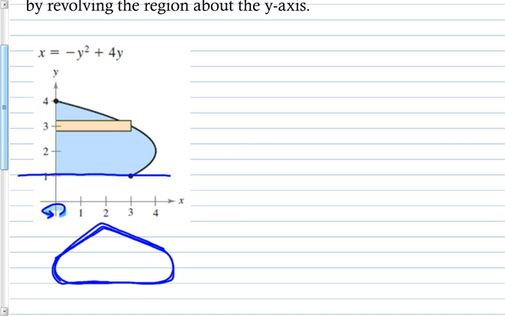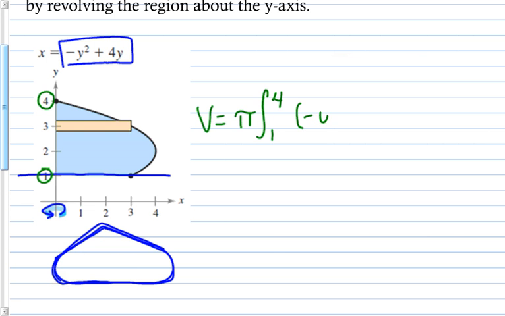Okay, so in order to evaluate the integral, I need my equation to be x equals something, and it is. Yay, we like that. The formula for volume is pi times the integral, and this is going to be from 1 to 4. And then my equation is negative y squared plus 4y, and that's going to be squared dy.